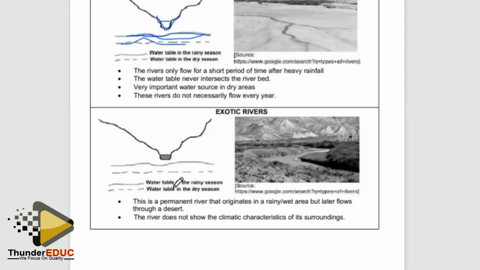We expect the rivers to be dry, but there is a river which is fully flowing. That river is an exotic. It is permanent there, but it's exotic in the sense that it's not conforming to the climatic features of the area in which it is flowing through. That is typical of an exotic river.